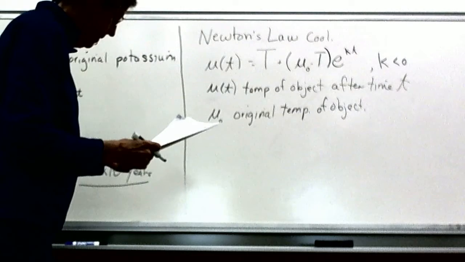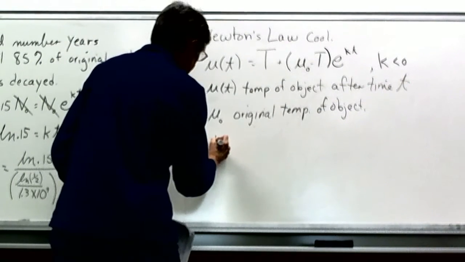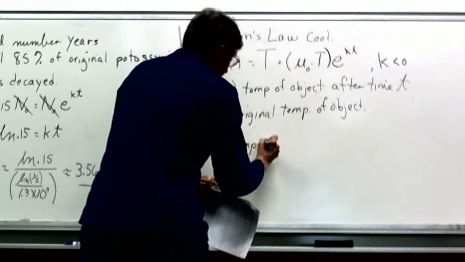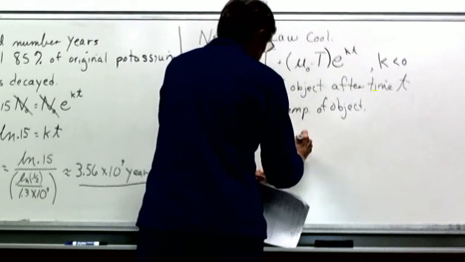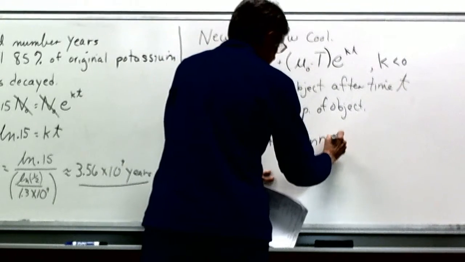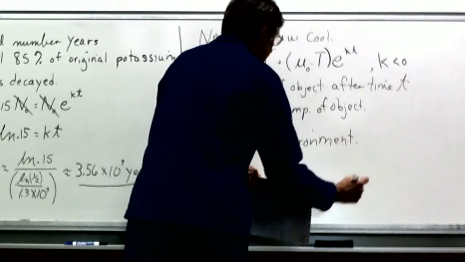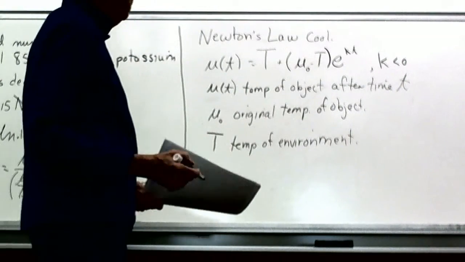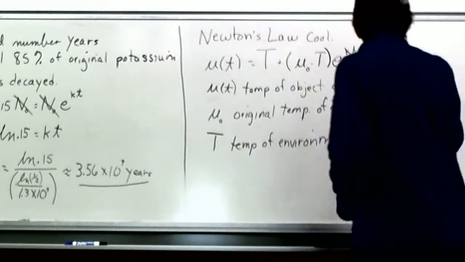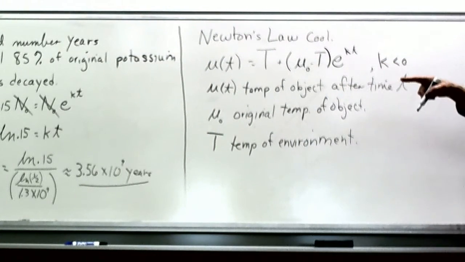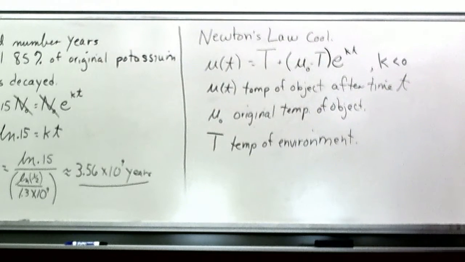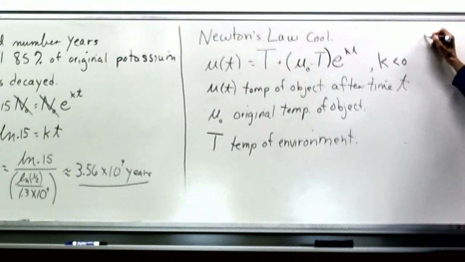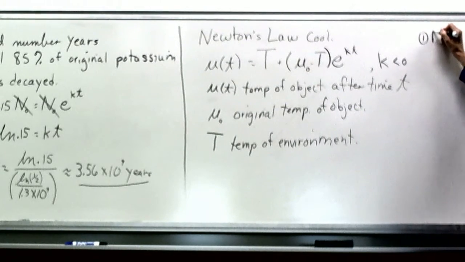And big T is going to be the temperature of the surrounding environment. So that describes all the parts of this formula. So I've made up some data that we could plug in to find k. Likewise, in that other problem we just did, we had to find k before we could use the formula. So step 1 is to find k.